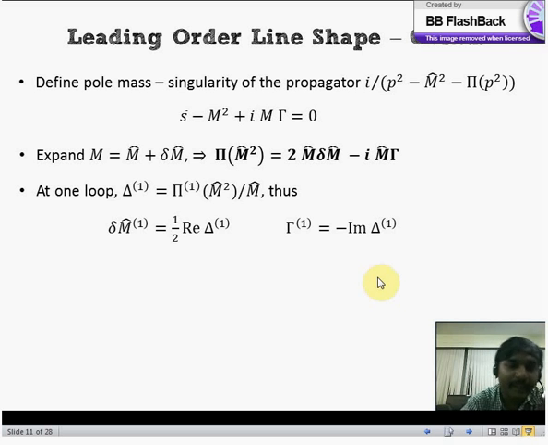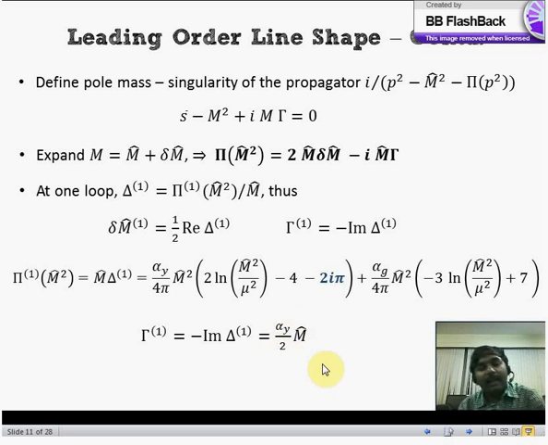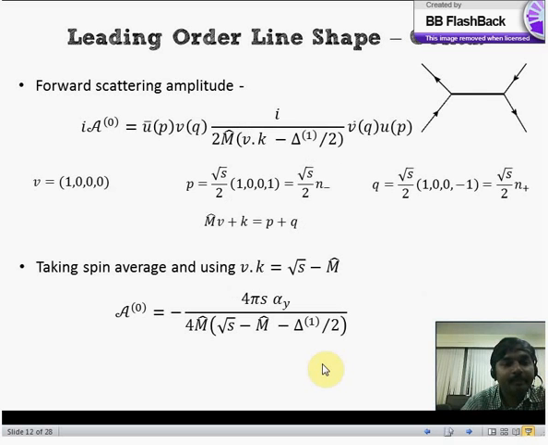Once we put in the value of pi, this is the only part which comes out imaginary, and thereby gamma is simply alpha y by 2. Alpha y, remember, is y star by 4 pi. So alpha y by 2 into m, being the renormalized mass over here, m hat actually. This will come in handy in a couple of slides.